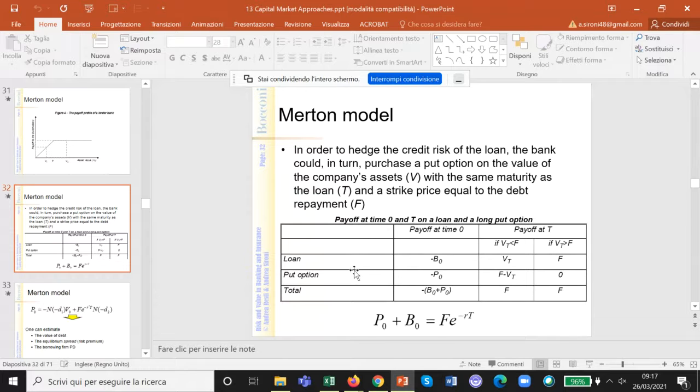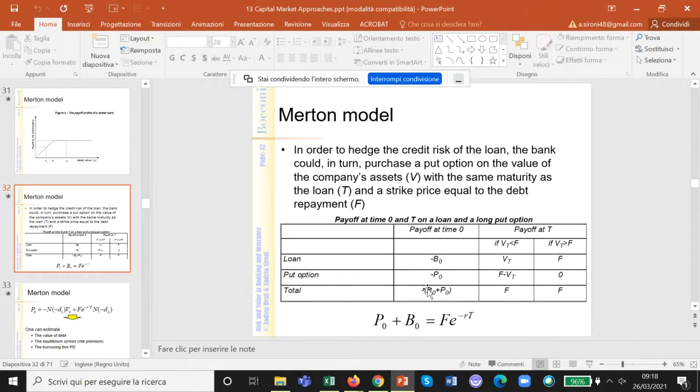If a lender buys a put option, assuming there was a put option available on the company's assets, then the final payoff would be, at time 0, the present value of debt plus the put option premium. This is a cash outflow. And at maturity, I get a given value of F in both scenarios. So basically, there would be no risk at maturity. I'm getting F for sure.